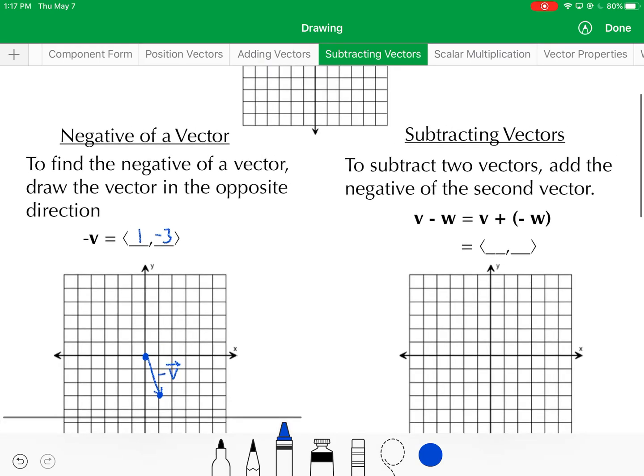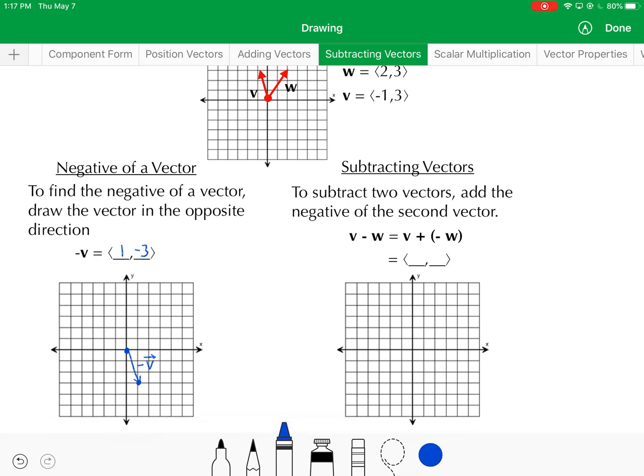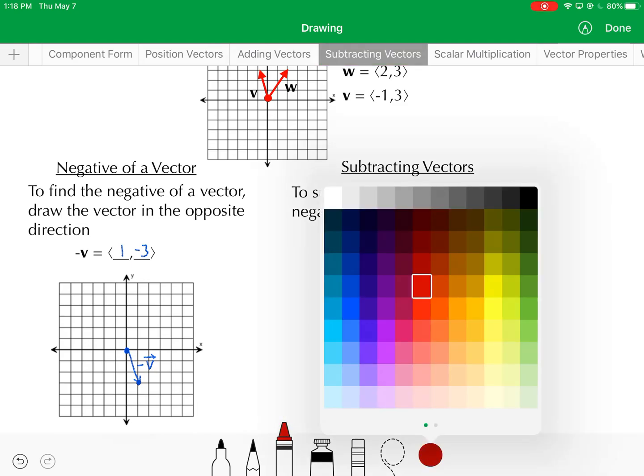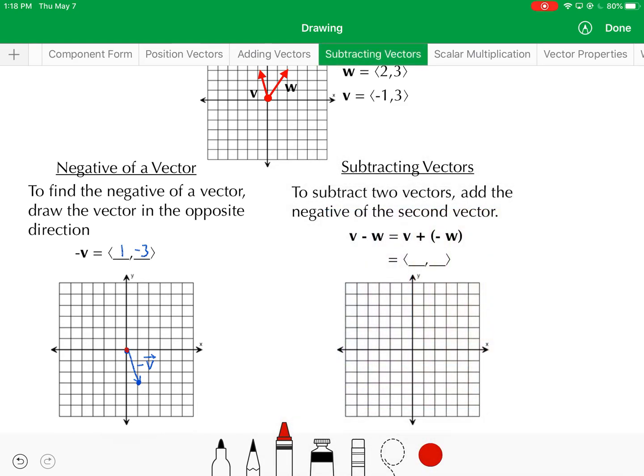Okay, so notice, isn't that just the same as vector V, just going in the opposite direction, right? Here's the original vector V. You draw it in the same grid. Okay, so just same initial point, heading in the opposite direction.